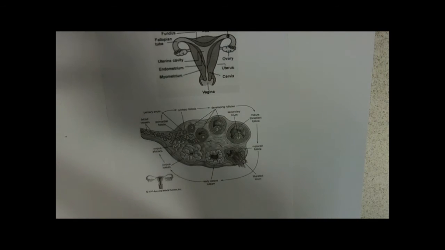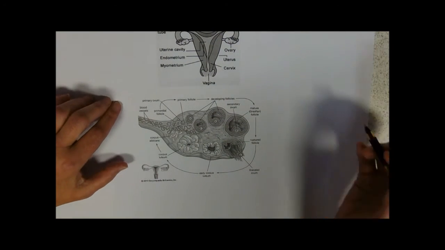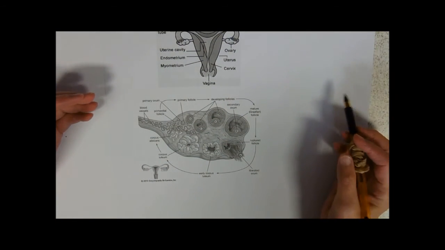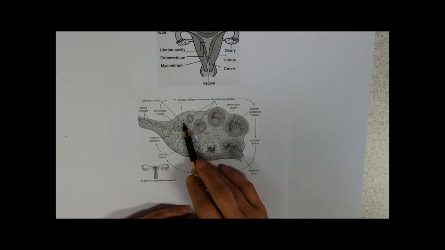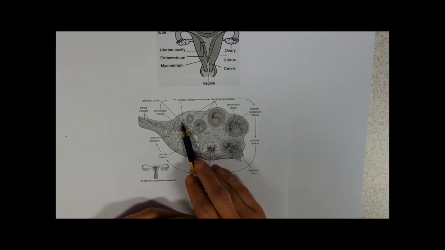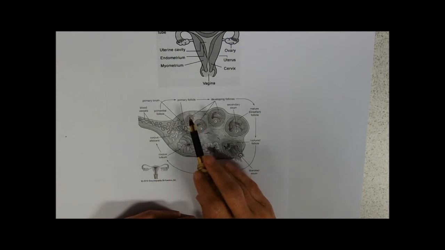If we look at a cross section of an ovary, this isn't what you're going to see. They're always drawn diagrammatically to show the various stages of development, but of course if one primary follicle is going to develop, it's going to develop where it is and make a mature follicle and then rupture.